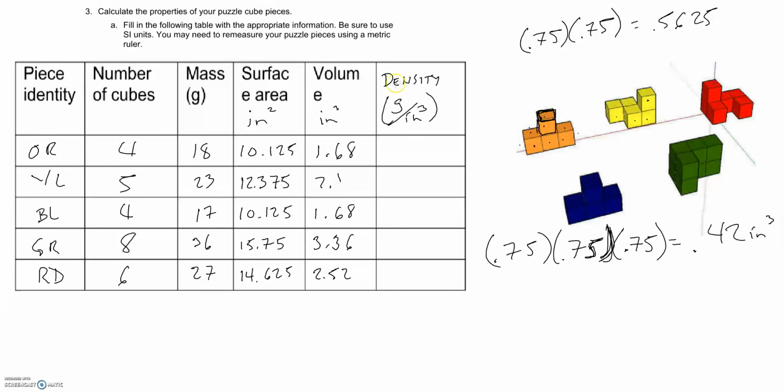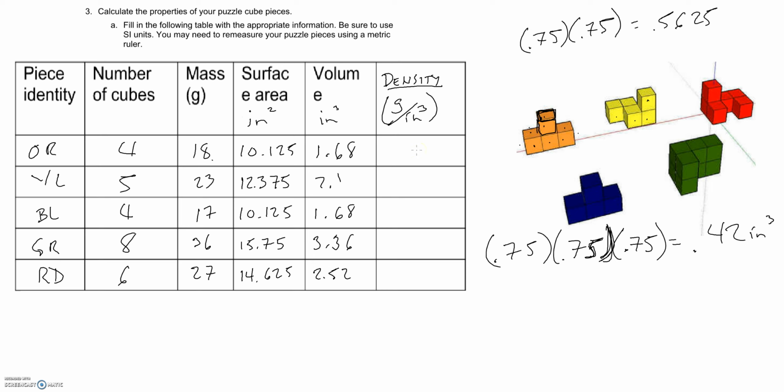The last column is density, and density is measured in mass per unit volume. In this case, we have our mass here, in grams, per unit volume, which is in cubic inches here. So all I have to do is take this number divided by this number and put that answer here.